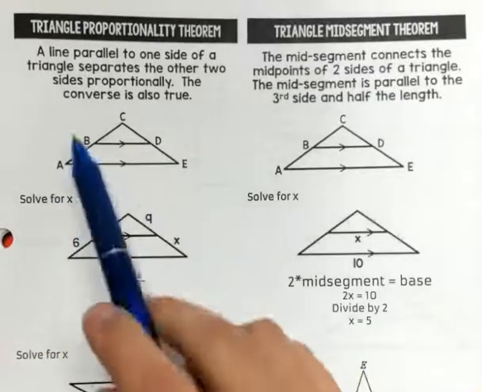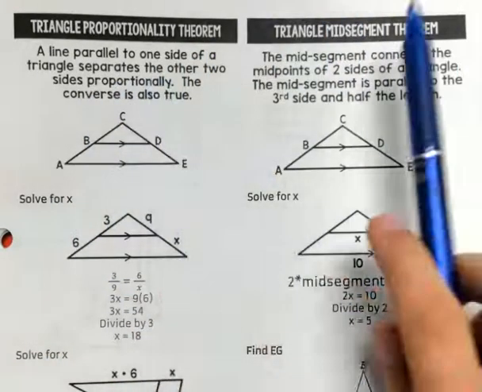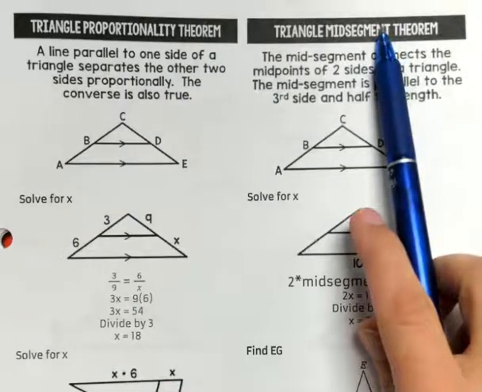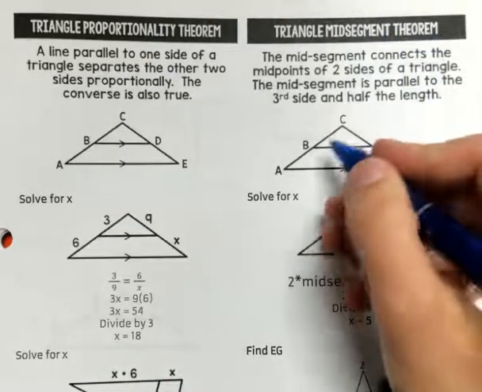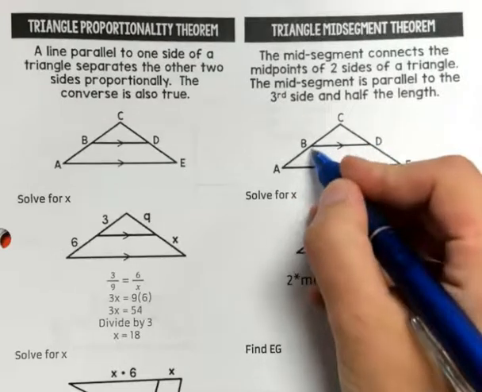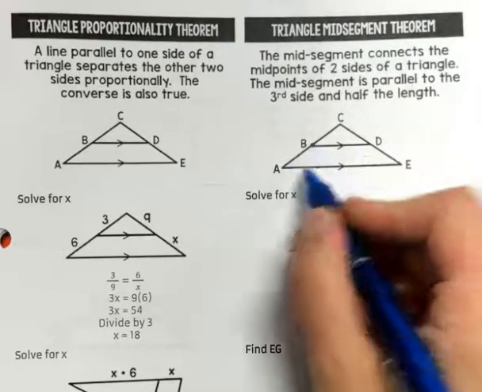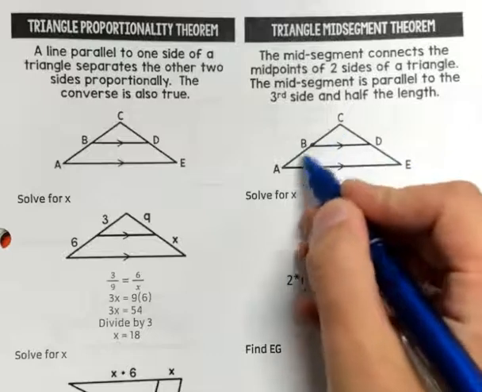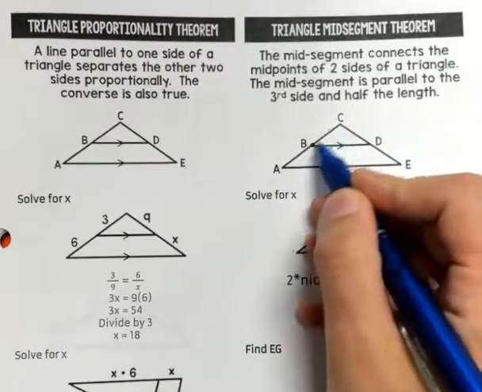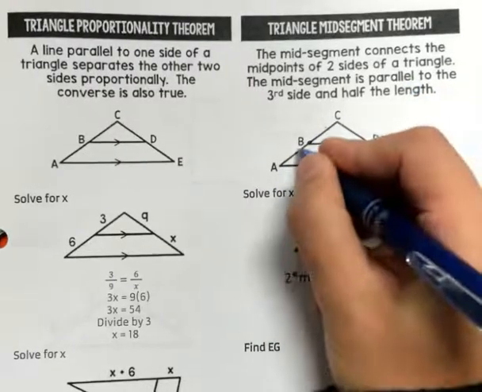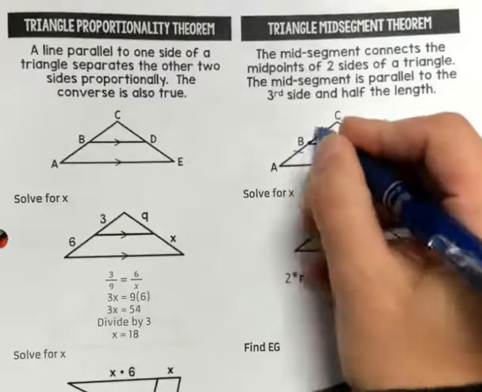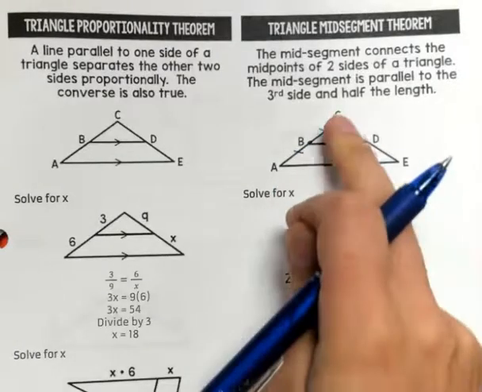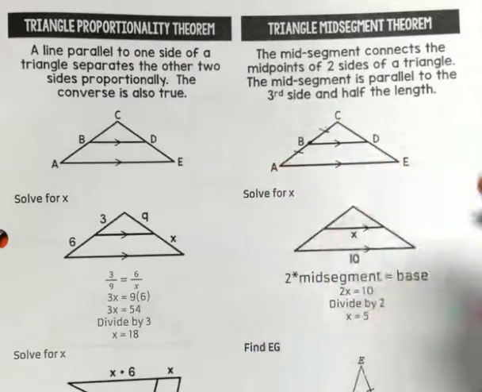Okay, so first thing we're going to talk about is the triangle midsegment theorem. Midsegment means that I take a midpoint, which means something that is exactly in the middle of one of my legs of my triangle. So that means this side and this side are both the same length, okay?